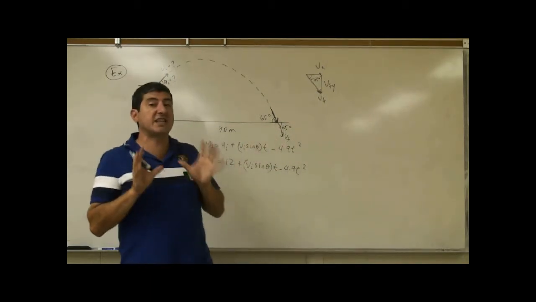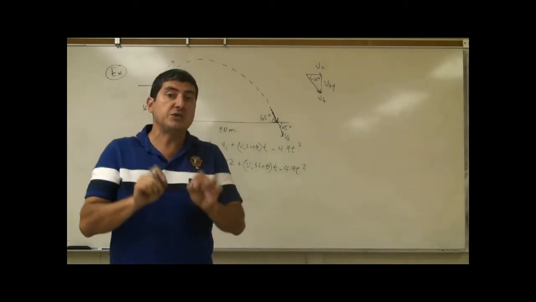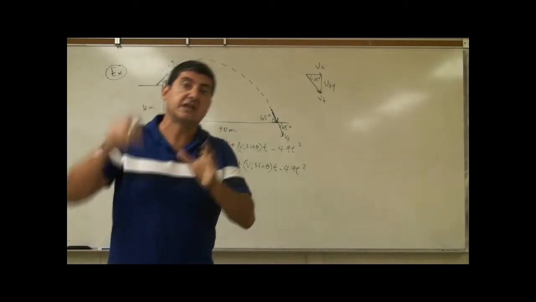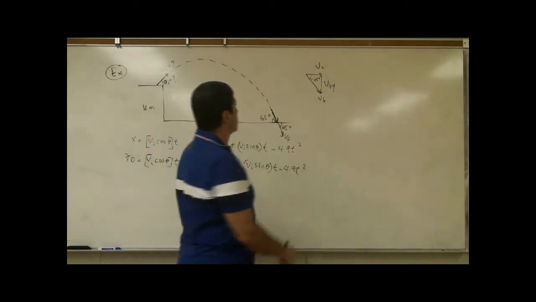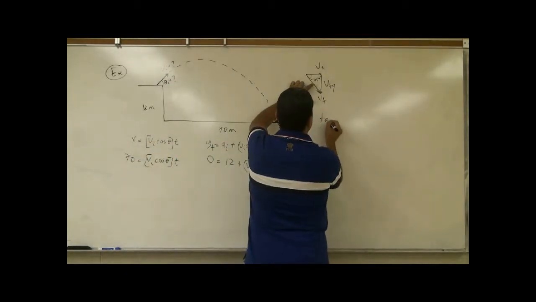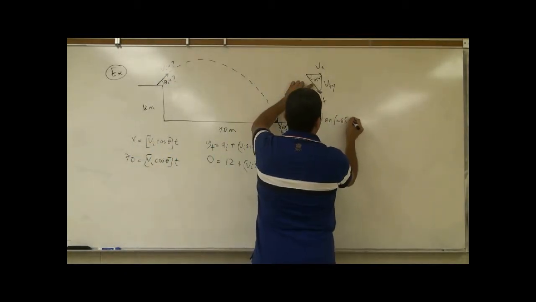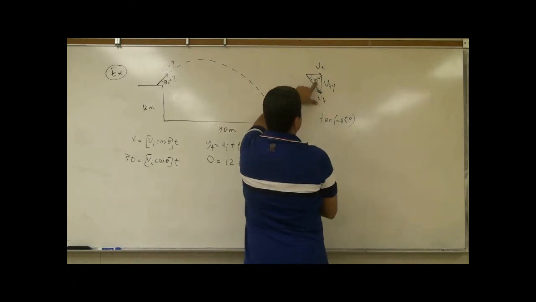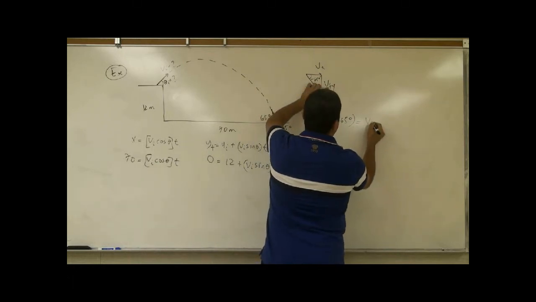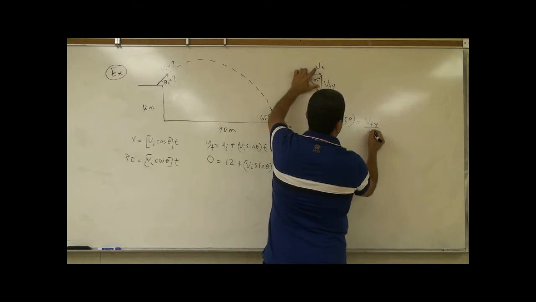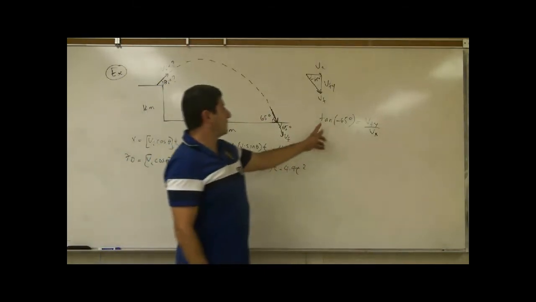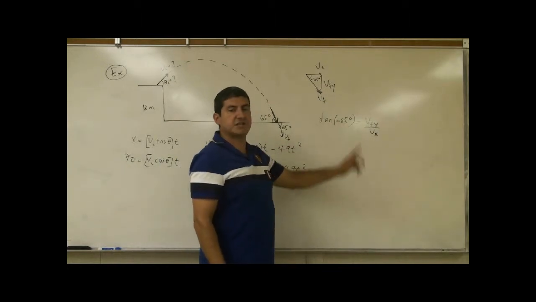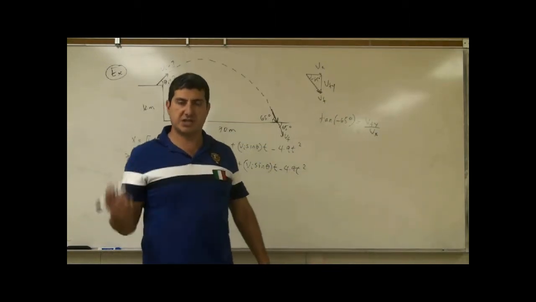The reason I say it's negative is because you need the negative to specify the fact that it was going downwards, right? So what are we going to do? We're going to say tangent of negative 65. Tangent of negative 65 is what? V final y over Vx. Okay? And so from there we get tangent of negative 65 is equal to negative tangent 65, right?